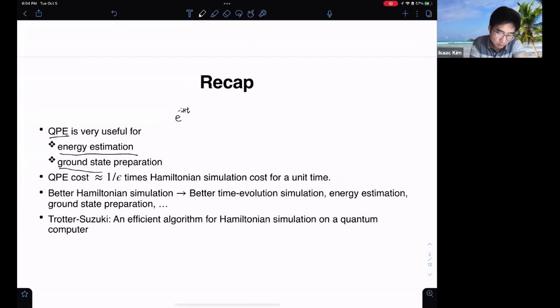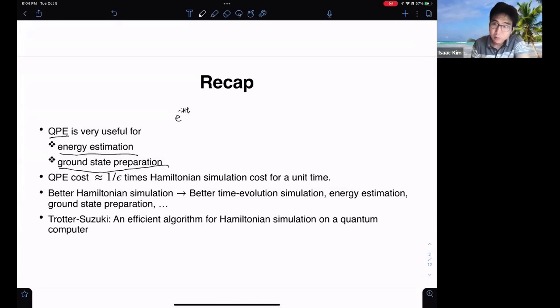And also, if you begin with a superposition of the ground state plus some excited states, where the weight of the ground state is sufficiently large, then you can use quantum phase estimation to prepare the ground state with non-zero probability. And both of these are very useful primitives in quantum simulation algorithms.